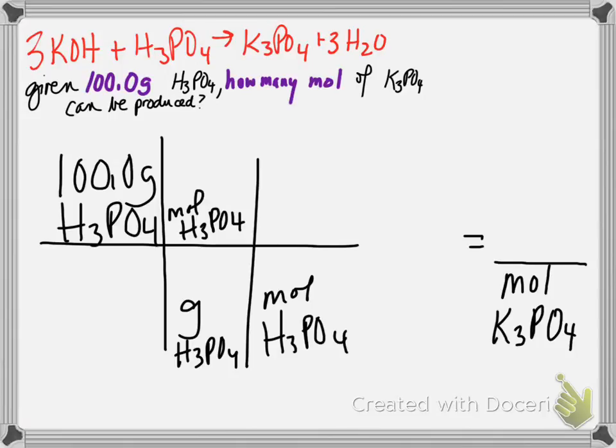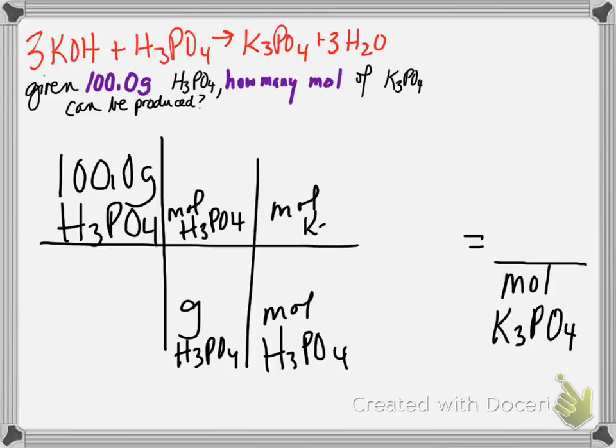We want to end up in moles of K3PO4. Is there a relationship between the moles of H3PO4 and the moles of K3PO4? Of course there is. It comes from the mole ratio. So we're going to go moles K3PO4.